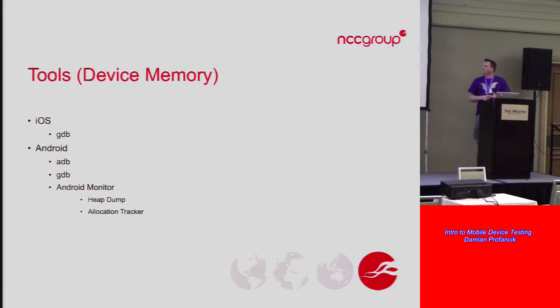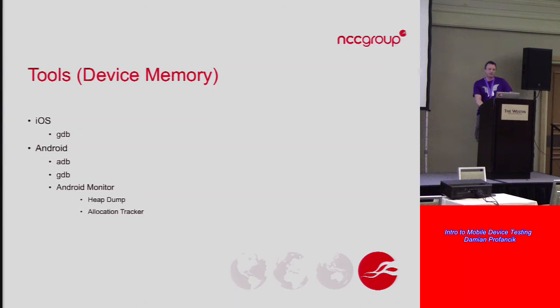On iOS for device memory, as I mentioned, iOS apps, you can't just decompile them and reverse them, so you have to turn to more traditional reversing, debugging type things. And so GDB, which is the popular debugger, is good and useful for that.